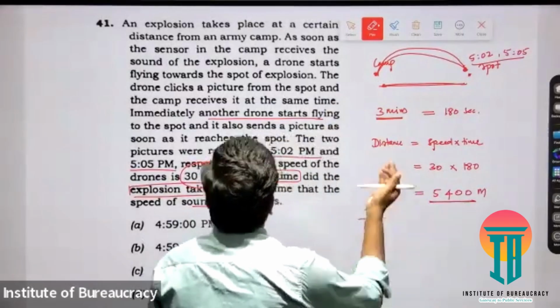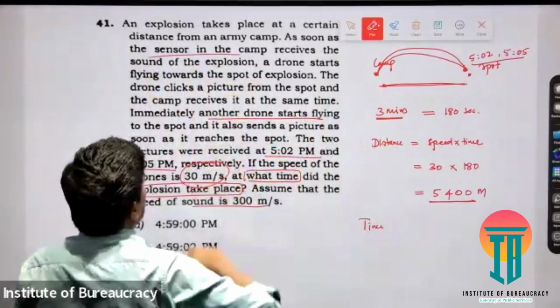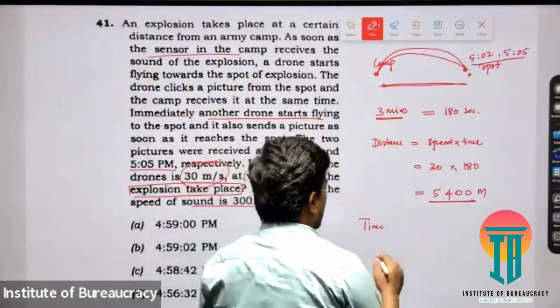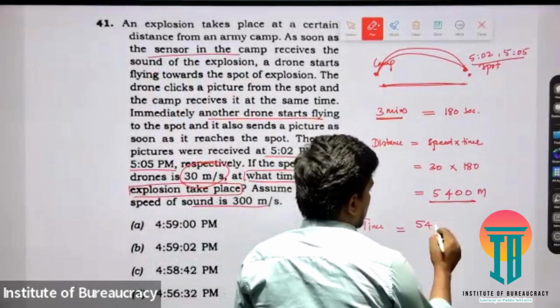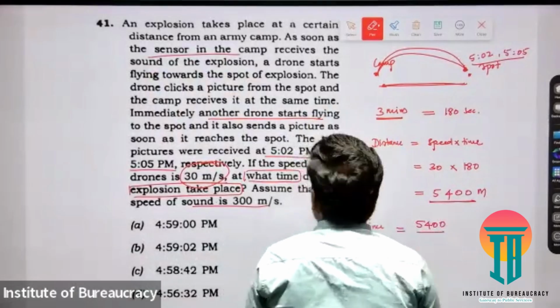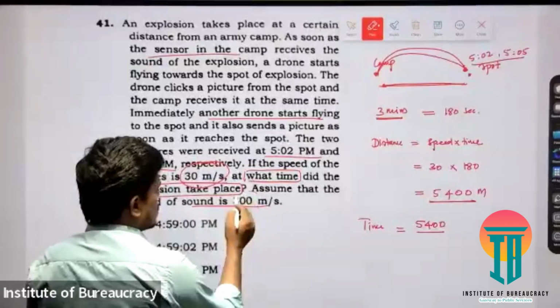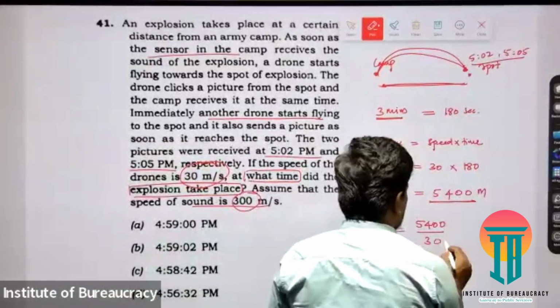When the sound reaches the camp, it will be received by the sensors. So time taken is distance by speed. The speed of the sound is 300 meter per second. Therefore, 5,400 divided by 300.